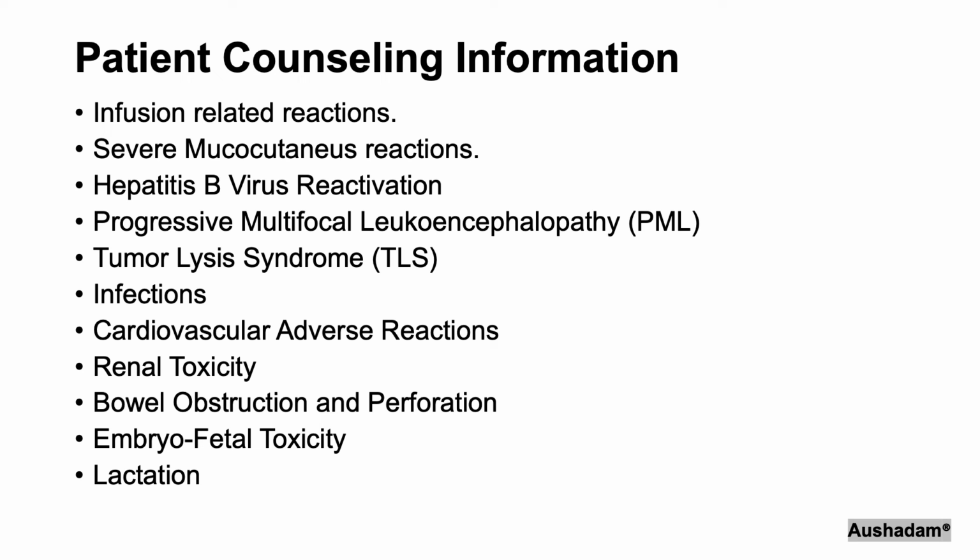Therefore, patients presenting with vague neurological symptoms like confusion or change in mental status should be addressed when they receive rituximab. And tumor lysis syndrome should be watched for based on frequent blood tests, making sure that their renal functions are not affected.